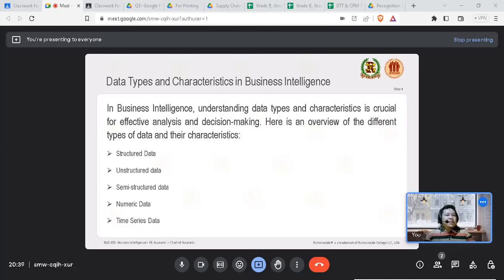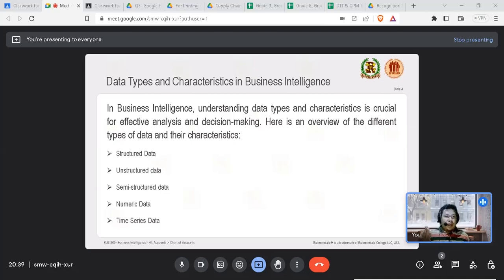Numeric data allows for various types of analysis in business intelligence, including descriptive analysis, where we summarize and describe numeric data using measures of central tendency. What are those? The mean, median, and mode.